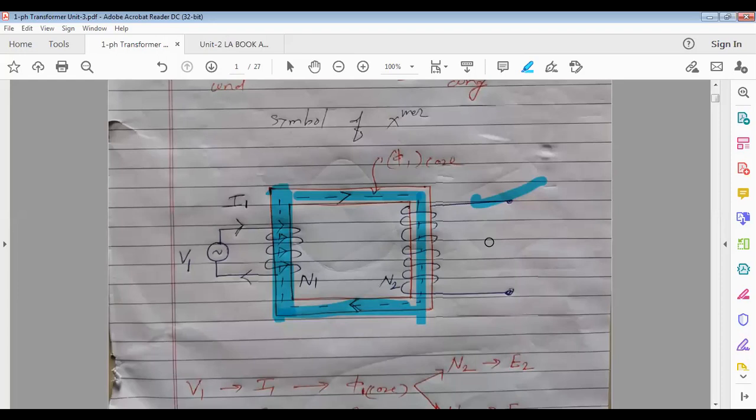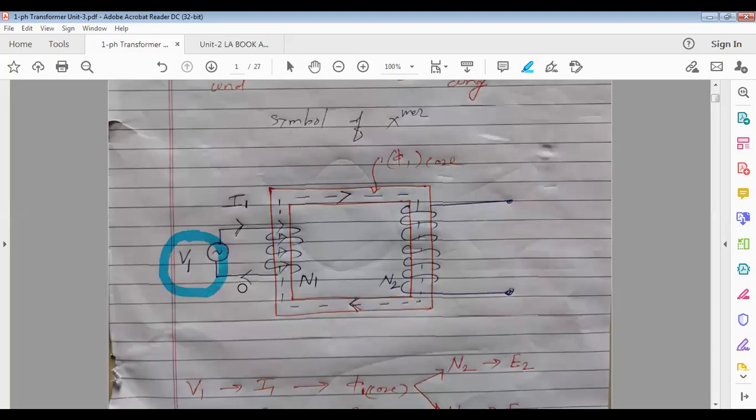Each and every plate has thickness 0.3 to 0.5 mm, varnish on both sides, and then for example 20 plates are stacked together. Like this. So how it reduces eddy current loss, we'll see soon. Again, see here now, which voltage have we applied across the primary winding?